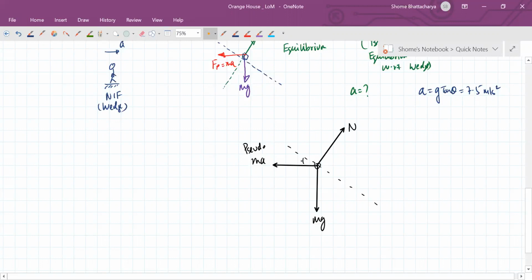This is your inclined plane, so this is at an angle theta. So you can either use Lami's theorem. So N by sine 90, this whole angle is 90, is equal to pseudo force divided by, now opposite to pseudo force, this angle.